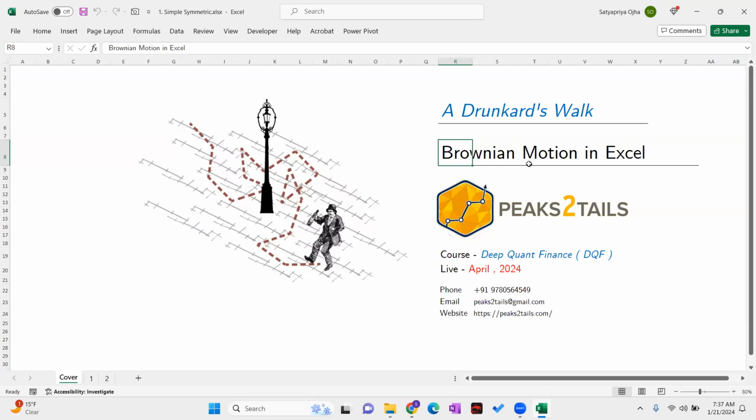Brownian motion sits at the heart of quant finance. Okay, all the modern day financial engineering applications that you have today, for example, pricing, risk management, trading, etc., probably the first equation that you write involves Brownian motion.